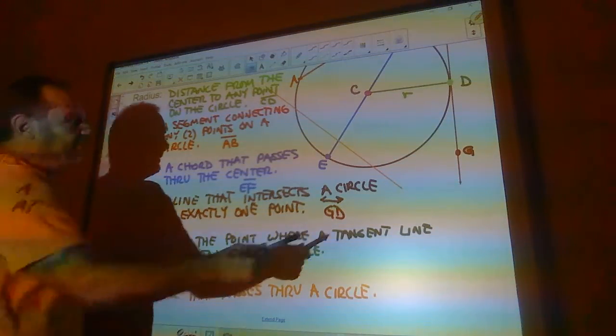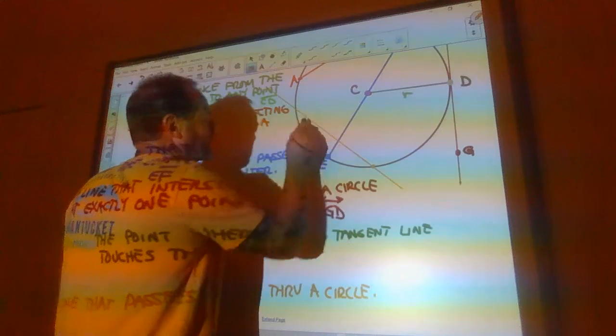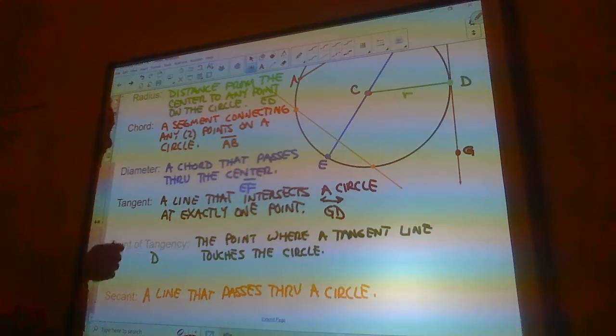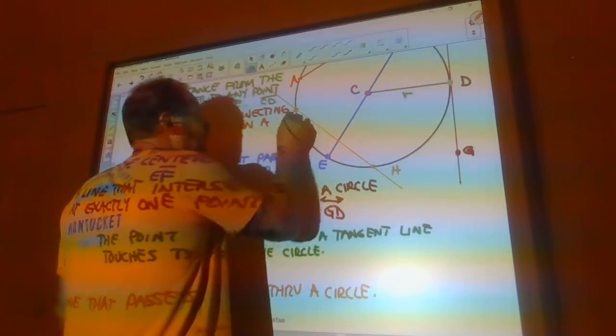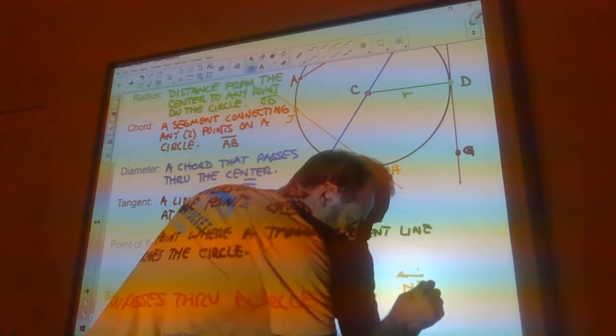Okay, so this is a secant right here. It comes through and it touches the circle at exactly 2 points. Okay, and let's call this, I don't know, H, and we'll call this J, so that would be line HJ.